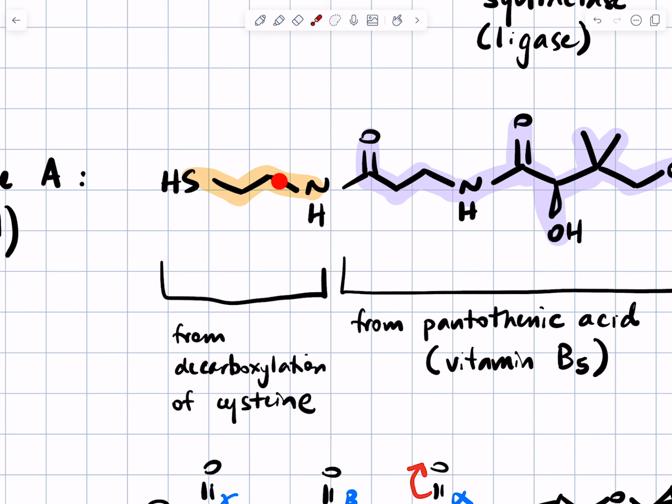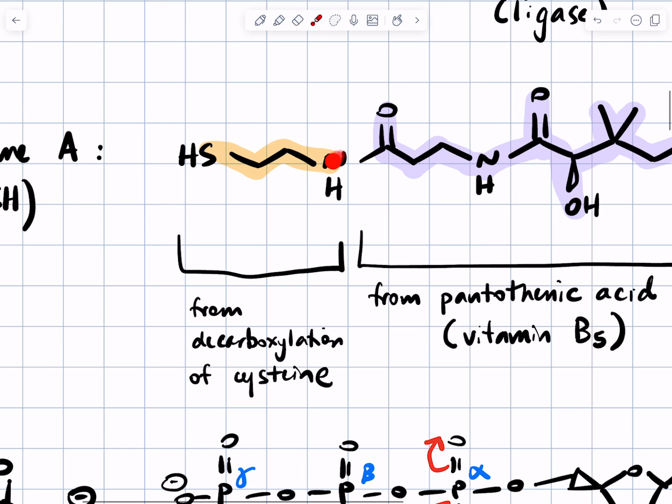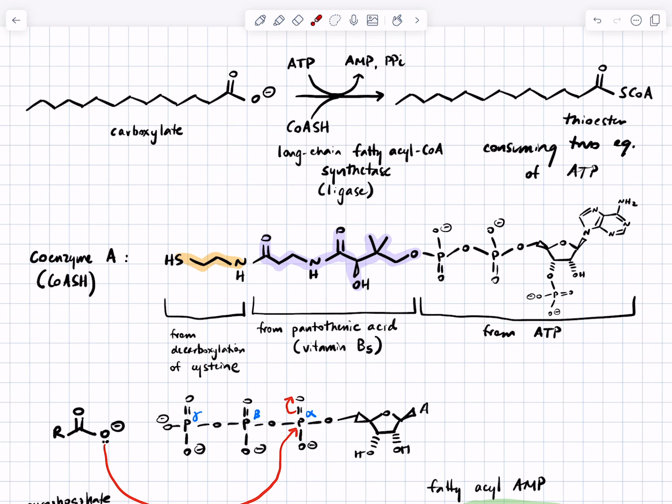Carboxylate, alpha carbon, nitrogen, carbon, and then sulfur. It's formed from decarboxylation of cysteine, probably through a PLP-mediated process like we saw before with making dopamine or serotonin or histamine. You can decarboxylate amino acids to get amines, and this aminothiol comes from that. For our purposes, it's just, again, a really long handle for the enzyme to hold on to, and then a thiol, which is a good nucleophile.